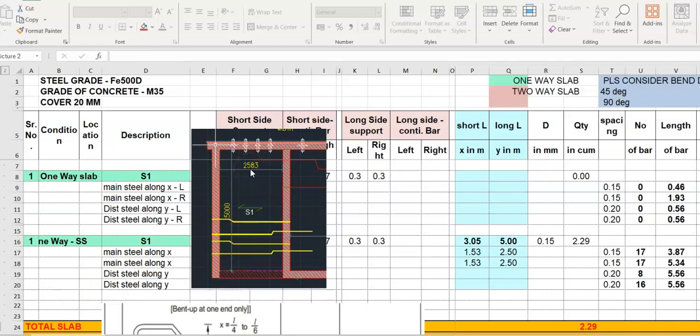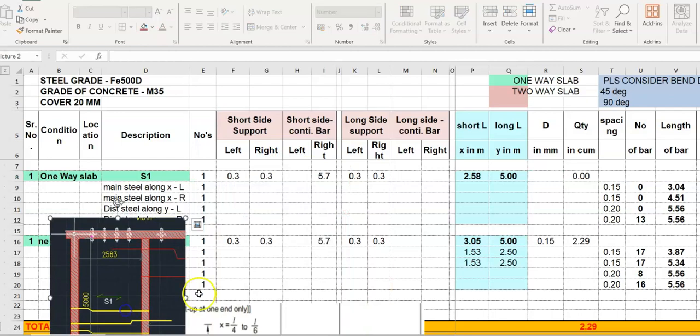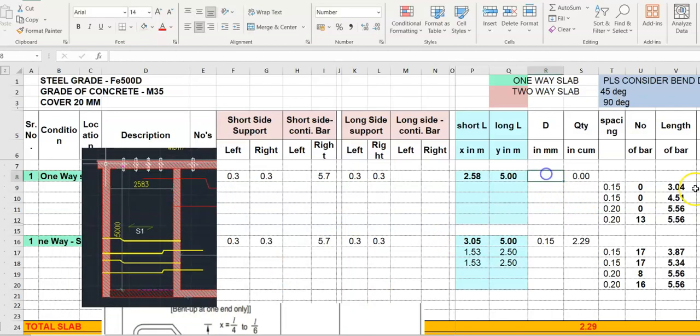Shorter length 2.583. Longer length 5 meter. Depth of slab on drawing 150 mm.